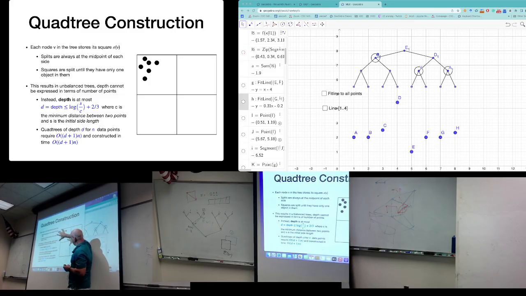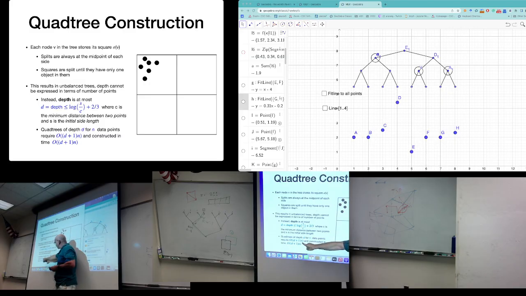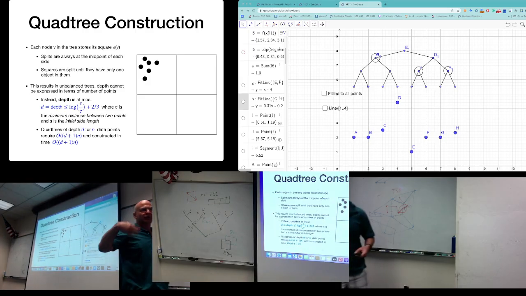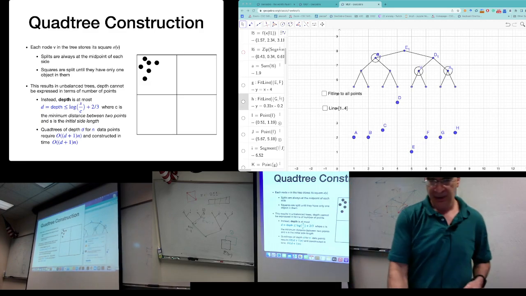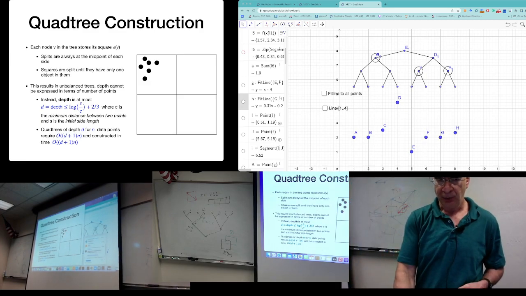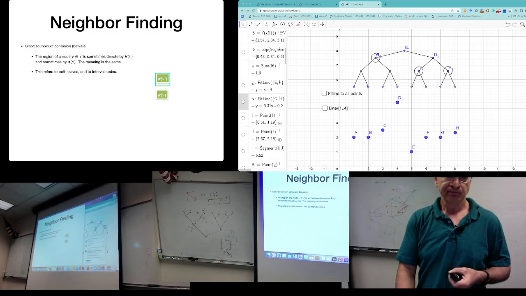In each level of the quad tree, you're spending linear time to decide who goes to which quadrant. So the overall running time will be n times how many levels you have. Again, in each level, you're just spending linear time to decide to which quadrant each point has to go, and whether I need to split it or not.